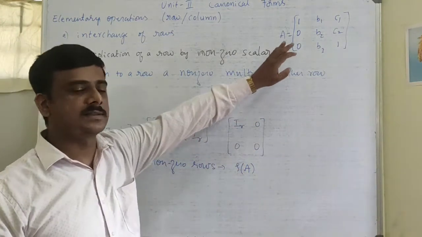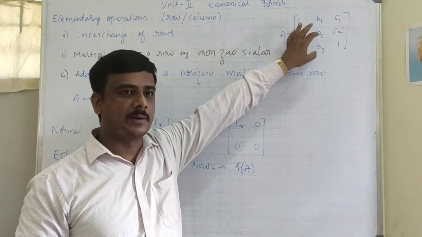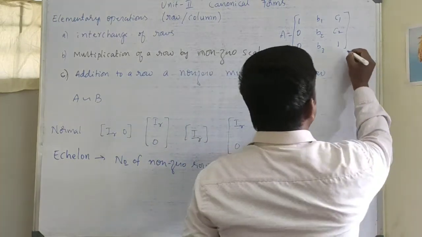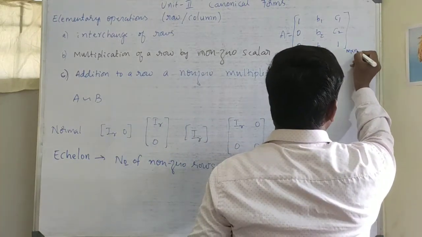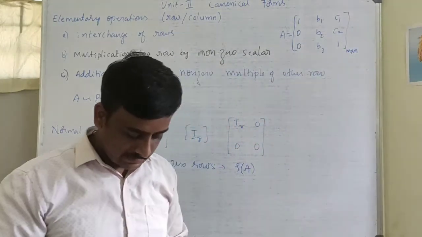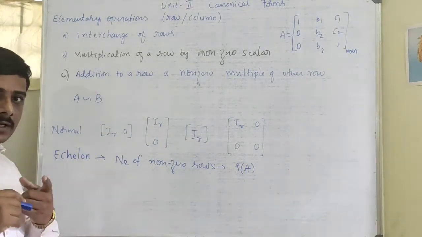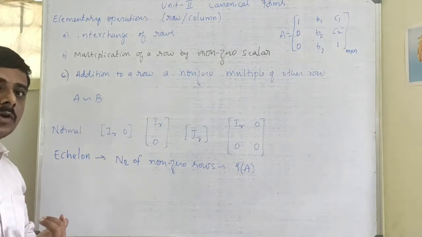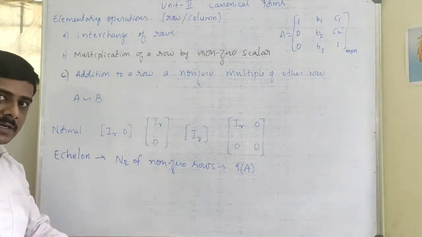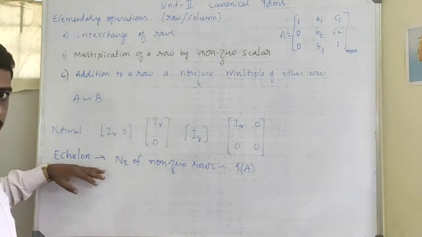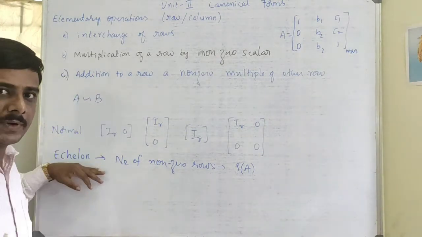Suppose A is any matrix. As I said, A is an arbitrary matrix of any order. It may be any rectangular matrix, not necessarily a square matrix. Let A be any rectangular matrix. Then apply row operations and column operations simultaneously. Both operations you can apply. Earlier, in the case of echelon form, we applied only row operations.